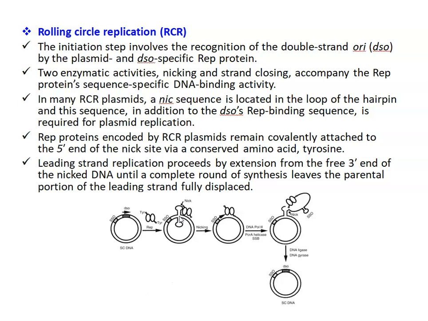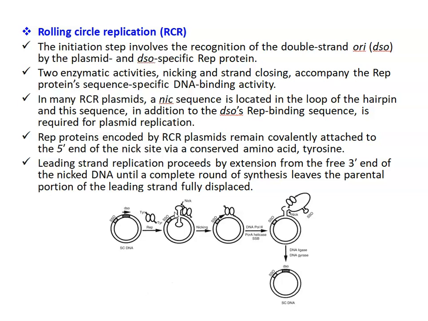Binding of rep to the DSO is also known to enhance the cruciform extrusion. The two enzymatic activities, as I already told you, nicking and strand closing, accompany the rep protein sequence-specific DNA binding activity.